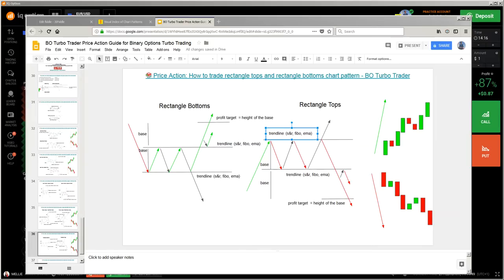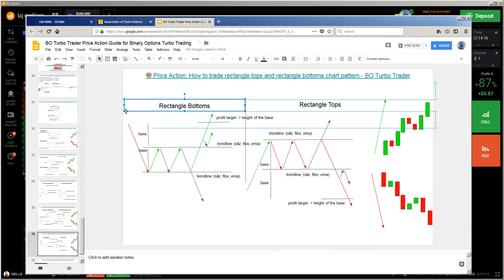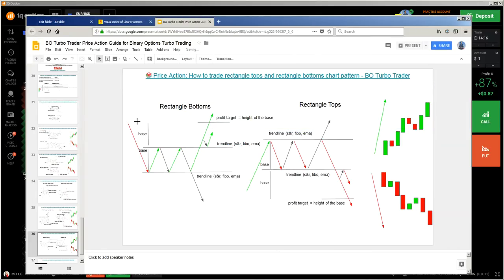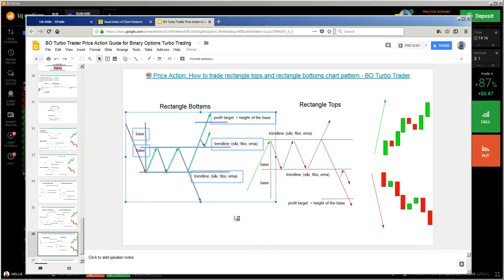Mostly it's the same like a flag, the wedges and the triangles. If you can identify them on the 5-second chart, you can trade them with 1 minute expiry time. It's really good. I have done this a long time. You can do this, but you have to analyze not only the 5-second chart.